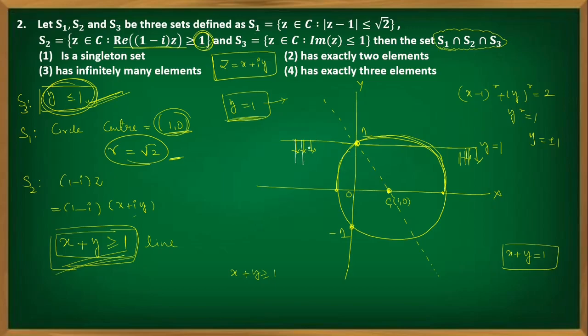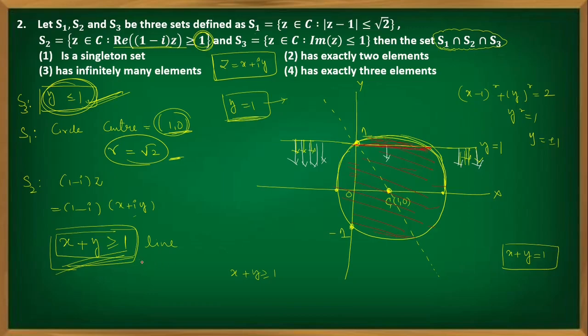So one region is below this line, and the second region must be inside the circle. This is the region inside the circle, and we want below the line. So this portion we don't want, we want below this line.